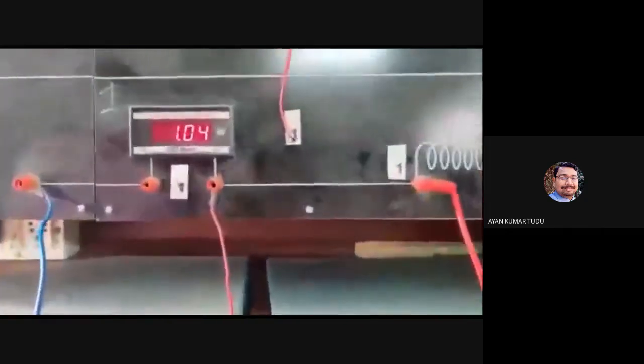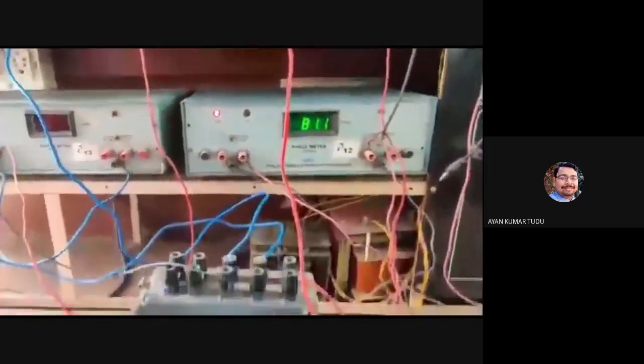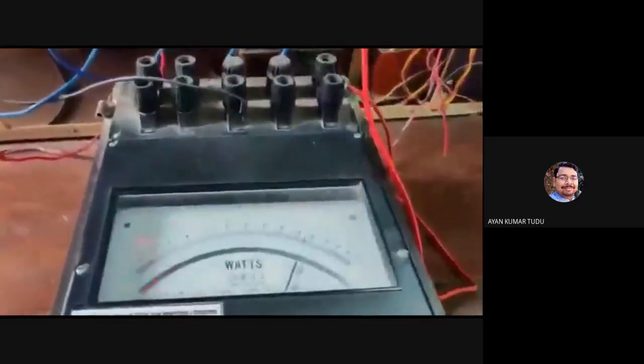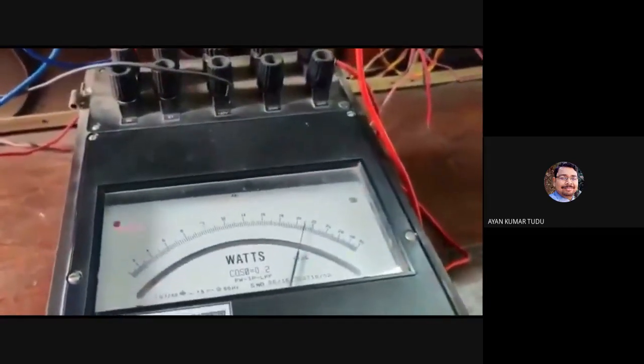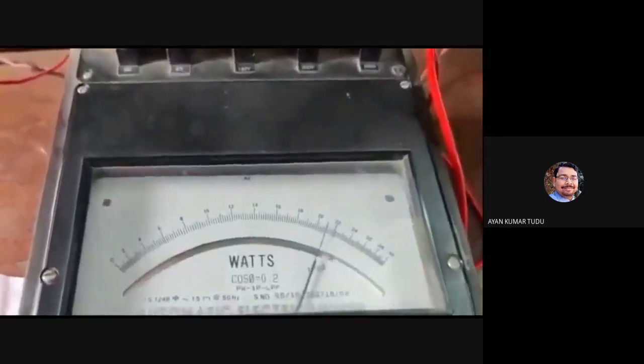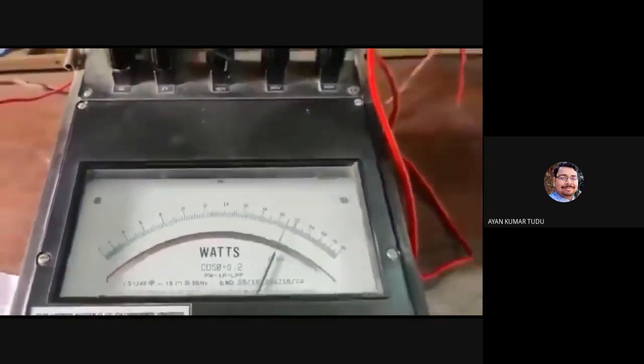This is the current rating and power. This is 21 watt for sending end. Okay, next for receiving end.